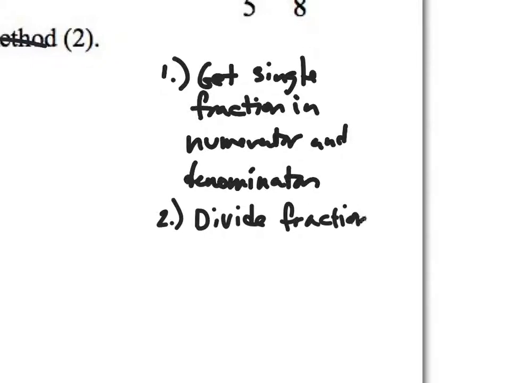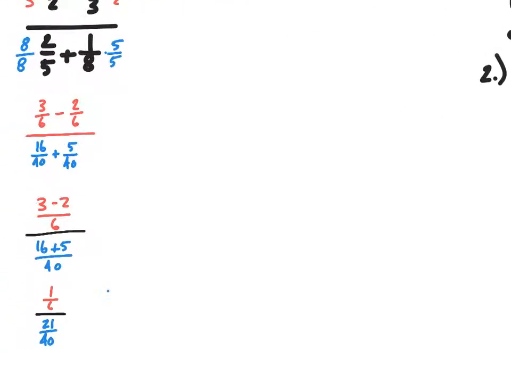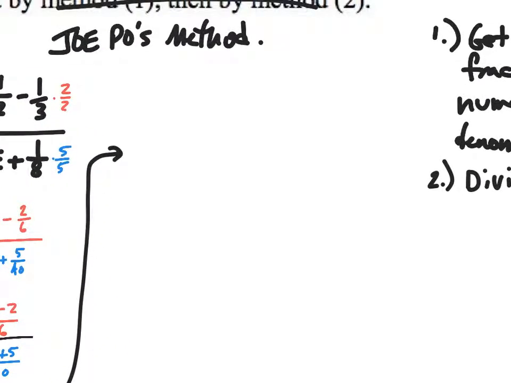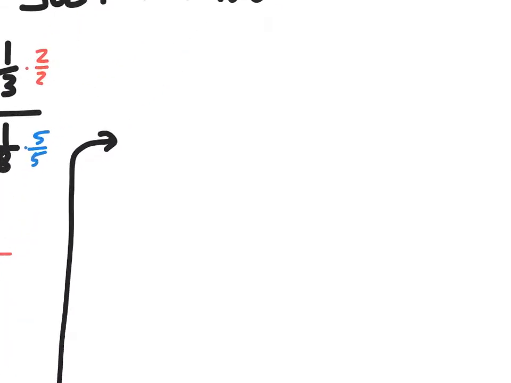All right, and let me rewrite this up here. So this step here, I have 1/6 over 21/40. So I've got 1/6 divided by 21/40, okay? At this point, I want to divide my fractions.